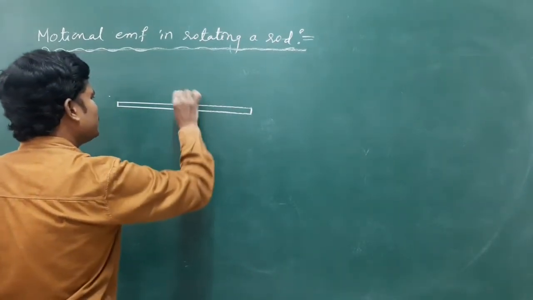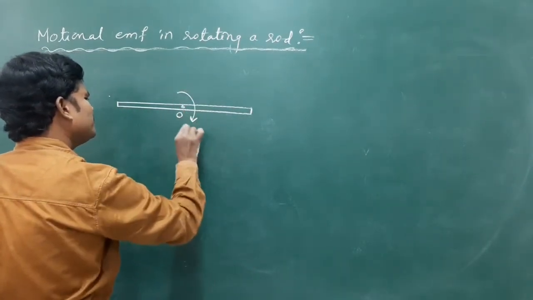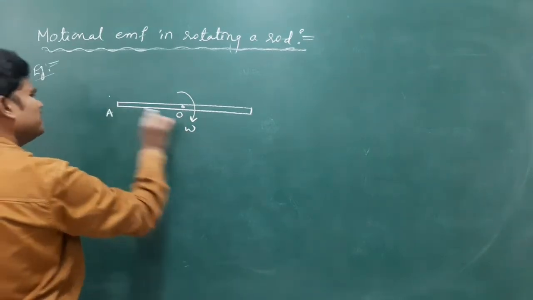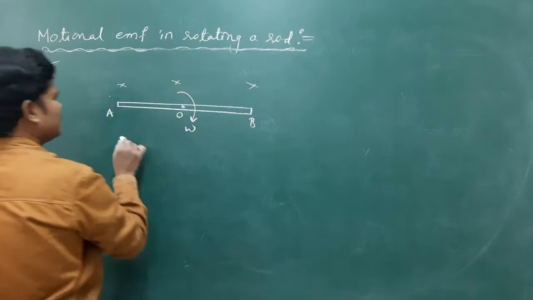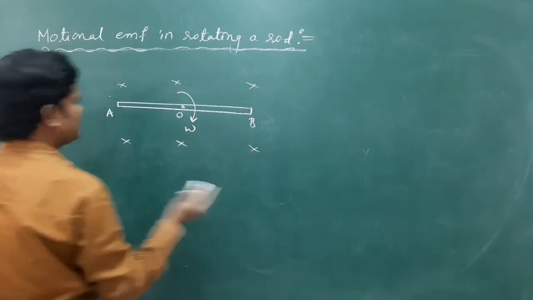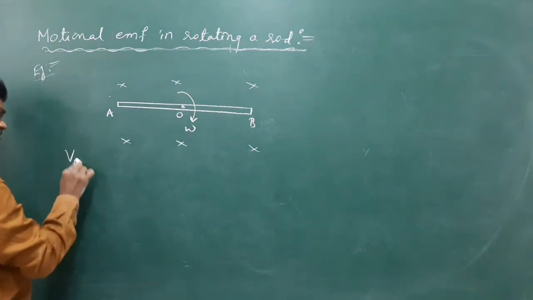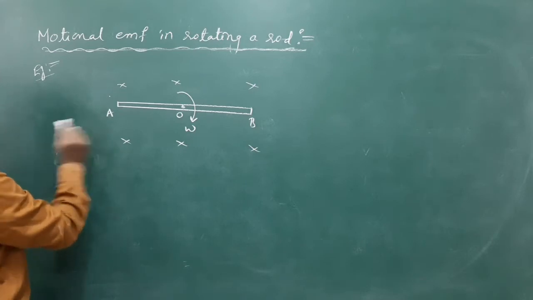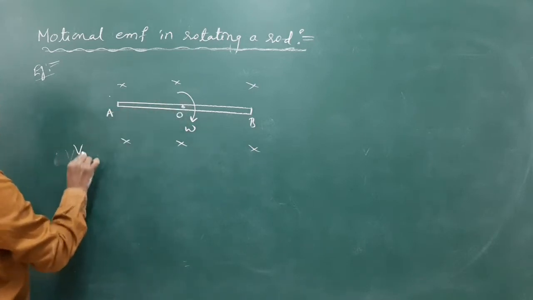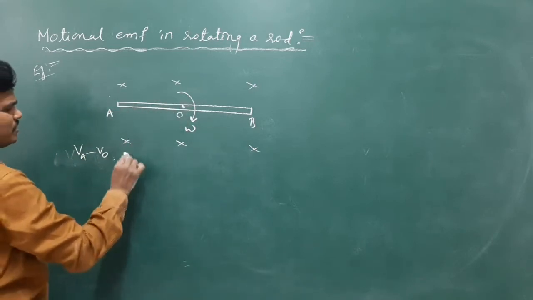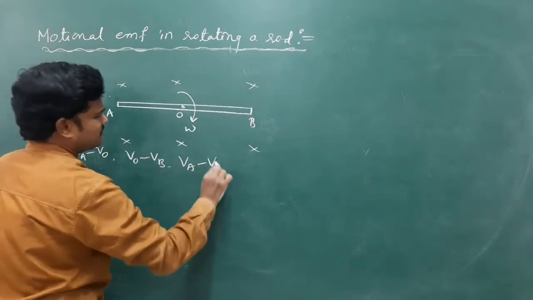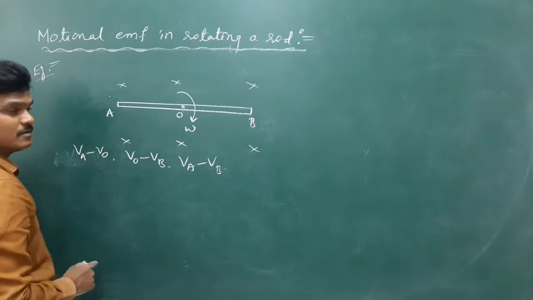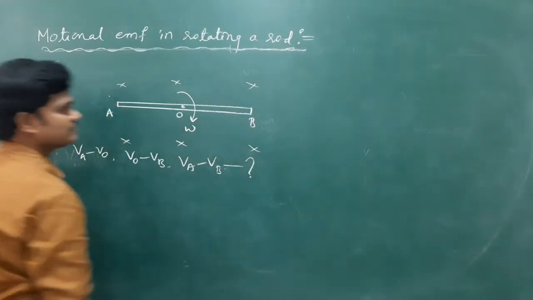It is rotating about this point O with an angular velocity omega. Let us give some names A, B, whatever names you want. So find VA minus VB, or let us check VA minus VO, VO minus VB, VA minus VB. Okay, find all these things.